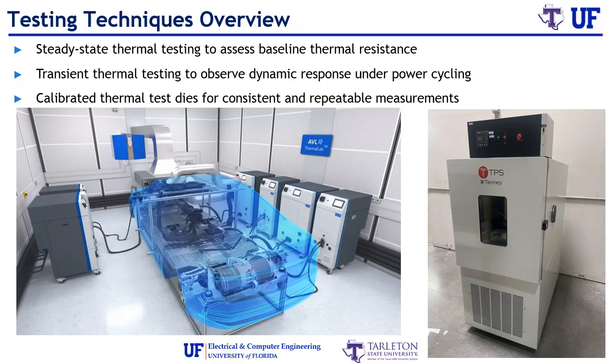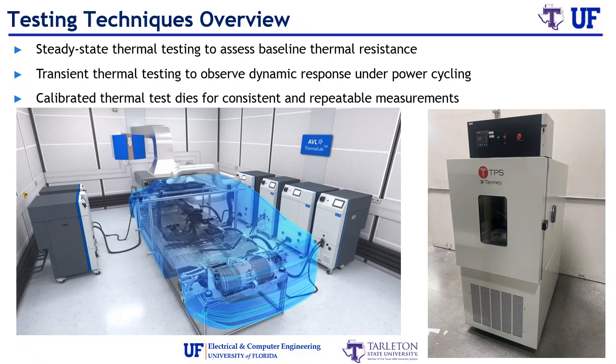On the other hand, transient thermal testing focuses on how the device responds to changes in power over time. For example, during power cycling or dynamic load conditions, this technique reveals how fast heat builds up or dissipates, and helps identify short-term thermal bottlenecks that steady-state tests might miss.